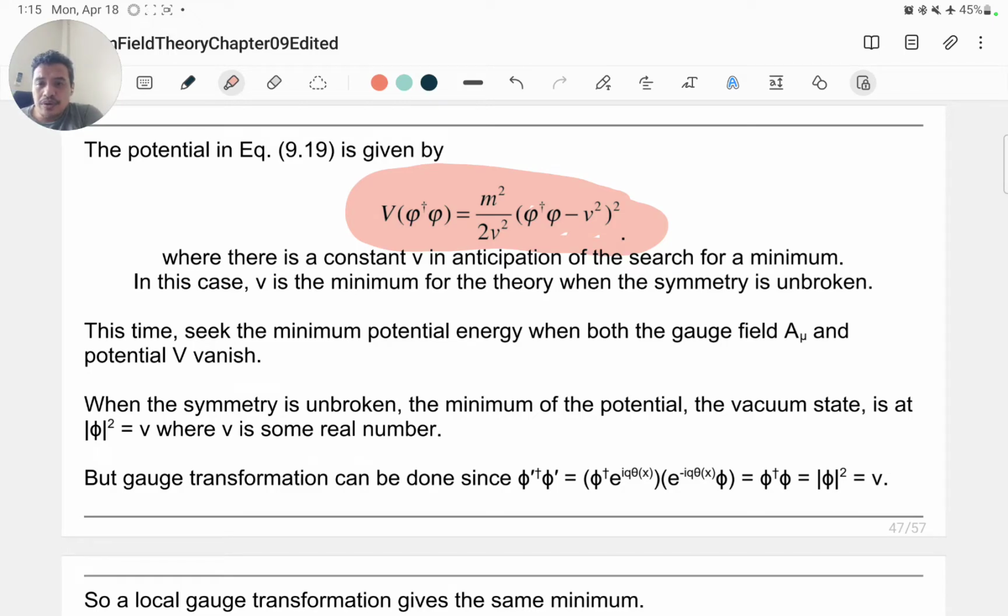So in this case, nu is the minimum of the theory where the symmetry is unbroken. And now, seek the minimum potential energy when both the gauge field A mu and potential V vanish. When the symmetry is unbroken, the minimum of the potential, the vacuum state, is at phi squared equals nu, where it is a real number.